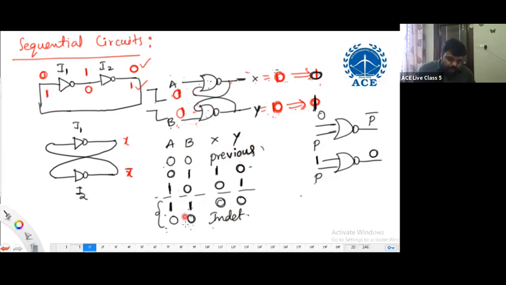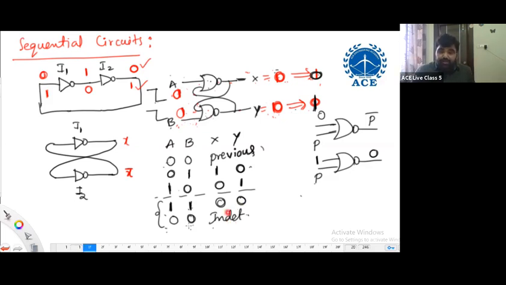But when you are applying 0 0, outputs were 0 0, so the outputs were uncomplementary. In such conditions, what will be remembered cannot be determined. In the memory element, will it be 0 or 1? We cannot say. That's what we are saying, indeterminate.